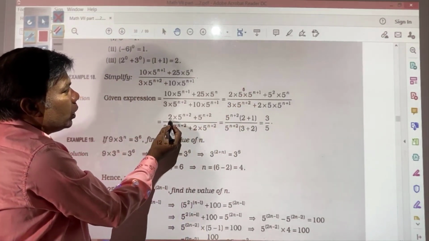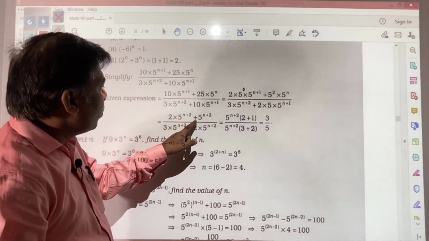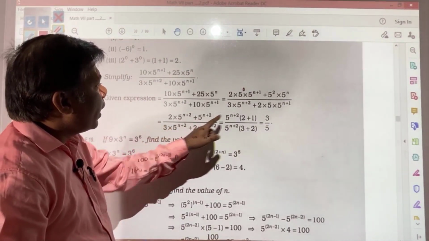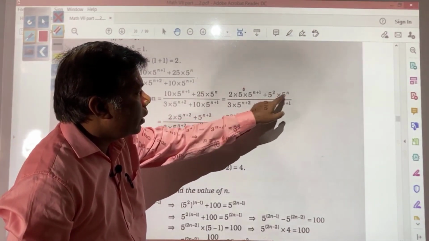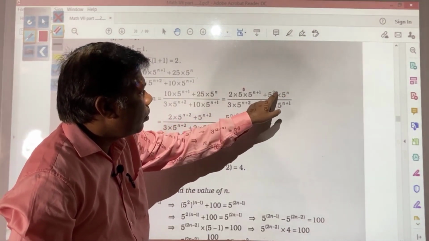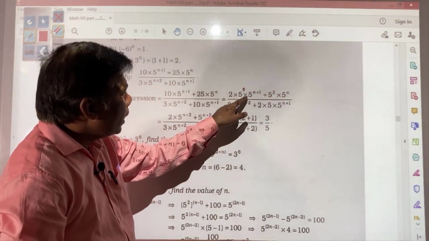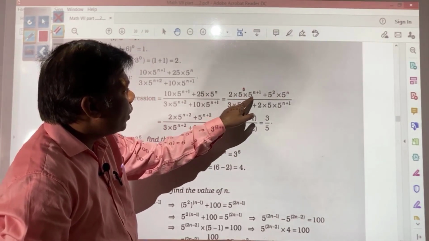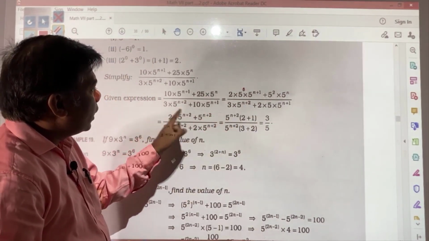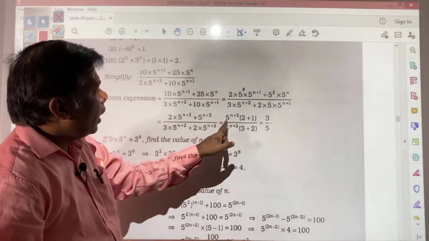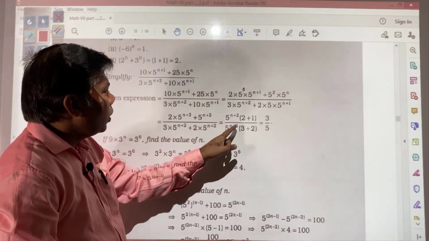So 2 into 5 to the power n plus 2 plus 5 to the power n plus 2. This has been added. Base is equal. Powers are required to be added if a multiplication sign is there. Here also base is equal and powers will be required to be added. That has been done. Here also the same thing has been done. And finally you have got 5 to the power n plus 2.